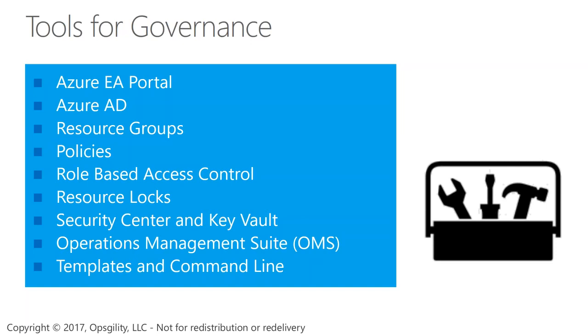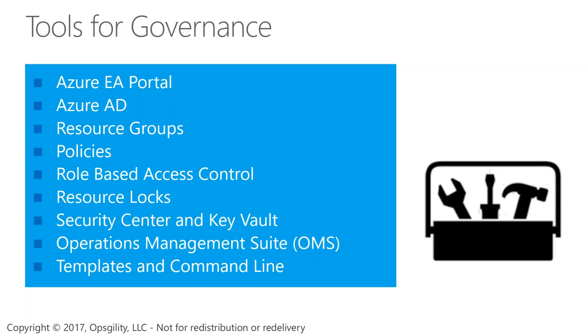We'll discuss resource groups, what they are, what they're for. We'll talk about policies, again, giving us control over what can be deployed in our subscriptions. Again, we'll discuss role-based access control, which is the feature that enables just granting the permissions that are required. We'll also talk about a feature called resource locks that can help prevent accidental deletions.